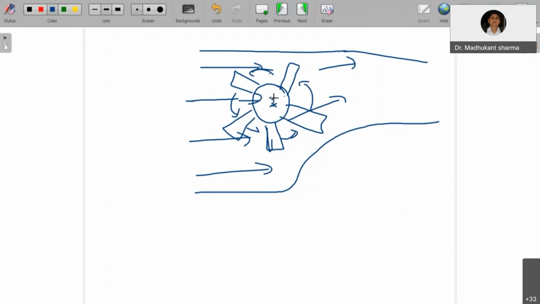When you talk about the spin around the z axis, you are talking about the k component of curl. We will define the curl maybe a little later for the three-dimensional case.